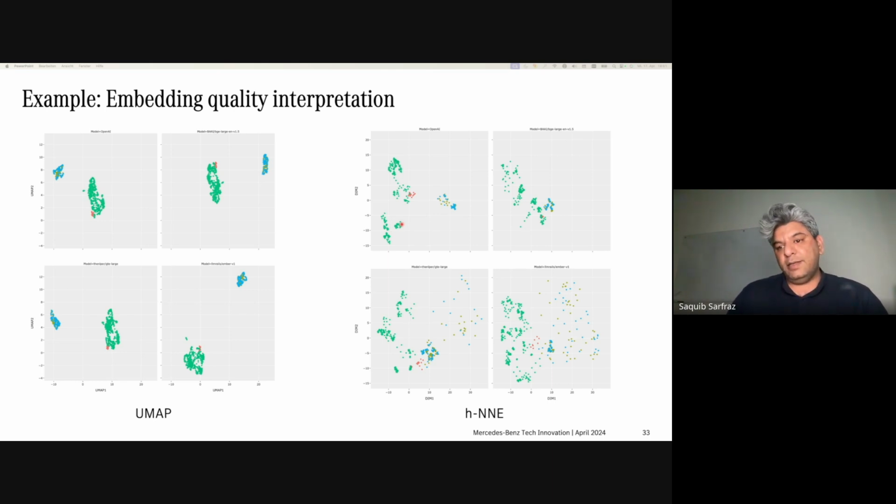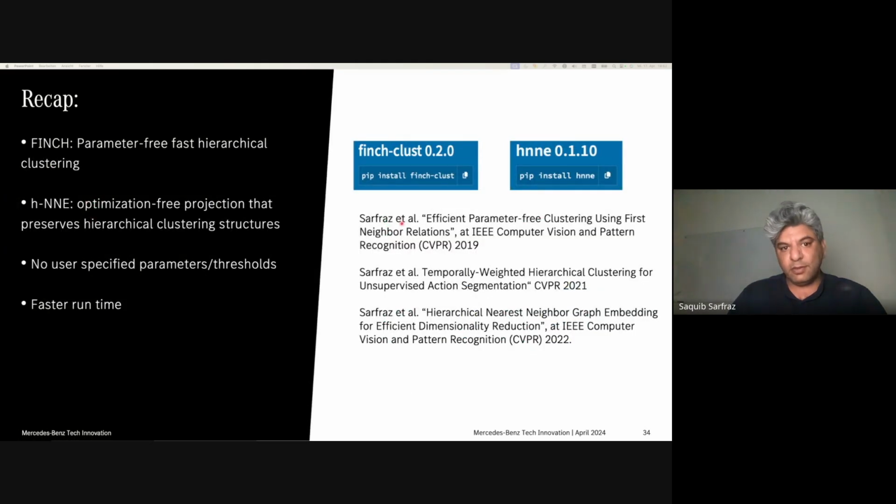Okay, I just wanted to say this. This was my own observation, so I wanted to share it with you. As a recap, Finch is a parameter-free, fast, hierarchical clustering, and h-NNE is an optimization-free projection of that, which preserves the hierarchical clustering structure.